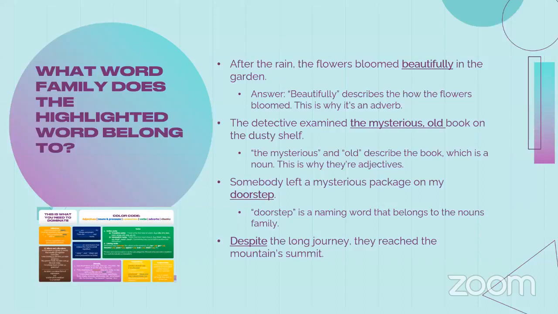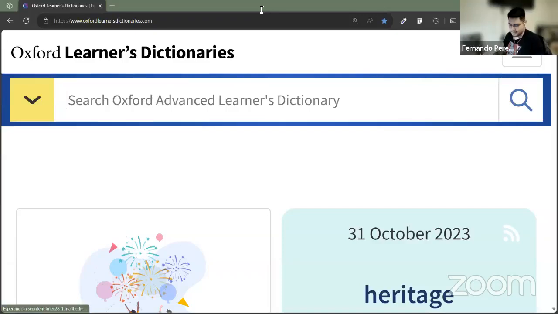Tell me what word family does this come from? Well, first read the example so you can get familiar with it. Okay. Despite the long journey, they reached the mountain summit. Summit. Is it summit? Pronunciation. Letter U, how do you pronounce letter U? Okay, let's go to the dictionary. How do you pronounce this?